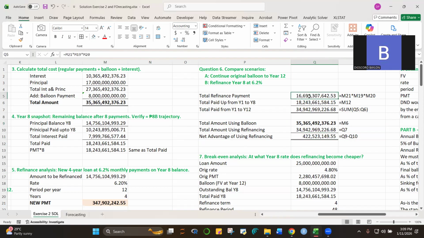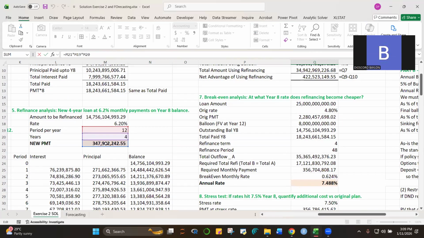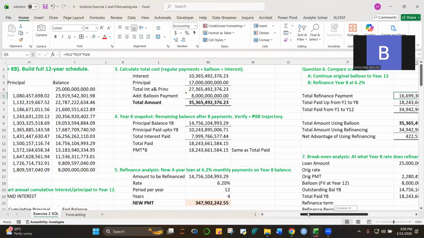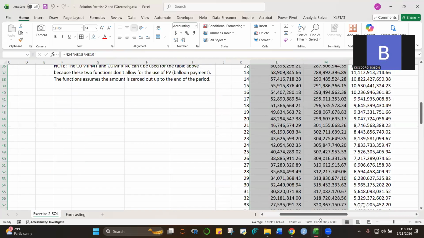This is equal to the amortization times 12 times 4, 48 months. That will give us a total of 16,699. Of course, what we could have done also is just add this all up.